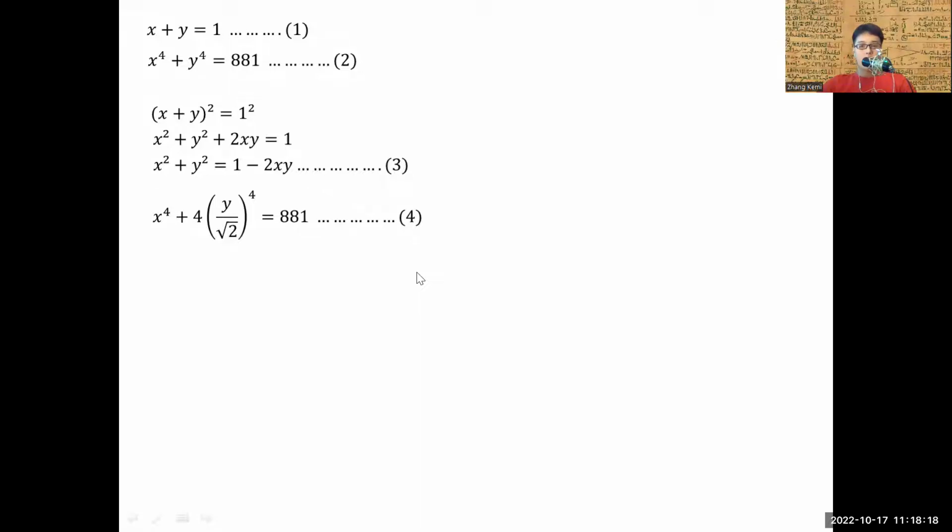Now we are going to look at equation 4. Notice that the left-hand side reminds us of Sophie Germain's identity. So I'm going to write out the identity.